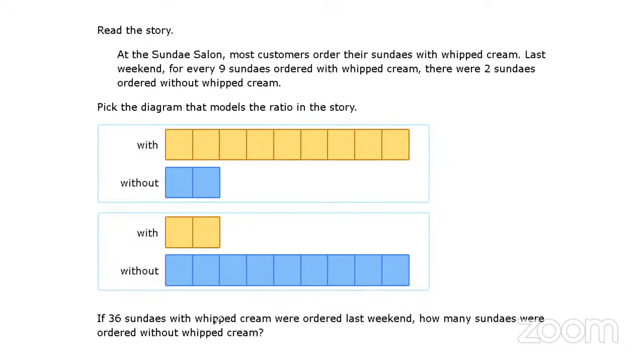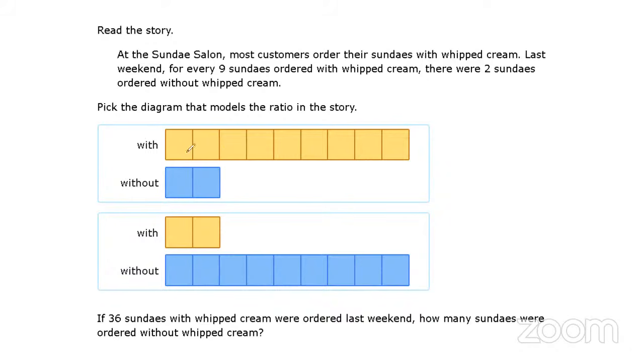All right, so persons are saying diagram 1. Let's look at that and see why it could be diagram 1. I'm seeing everyone saying diagram A. So what's happening here? At Sunday salon, most customers ordered their sundaes with whipped cream. Last week, nine sundaes were ordered with whipped cream and 2 without.